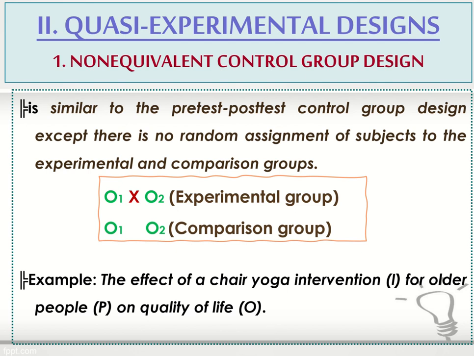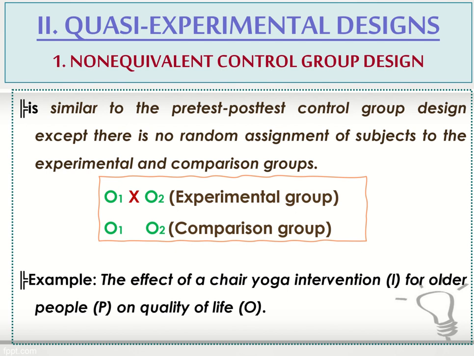So the intervention is being offered to everyone at a community senior center, and randomization is not possible. For comparative purposes, we collect outcome data at a different senior center that is not instituting the intervention. Data on quality of life are collected from both groups at baseline or pre-test, and 10 weeks later, that is our post-test.